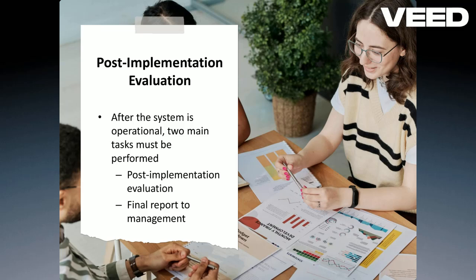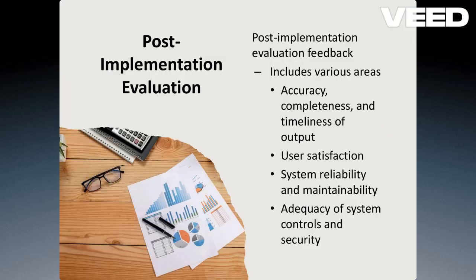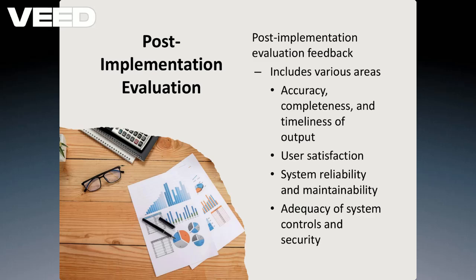Now, when it comes to the evaluation, you need to look at the accuracy of the system. Based on the requirements, based on what the user expects, how accurate is the system? How complete is it? Is it as fast as you said it's supposed to be?